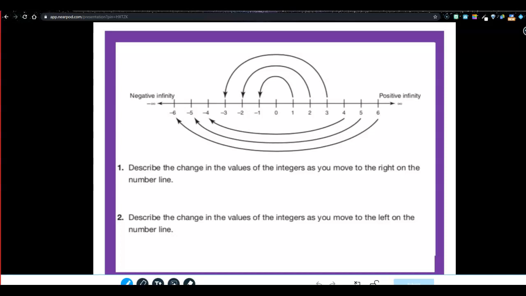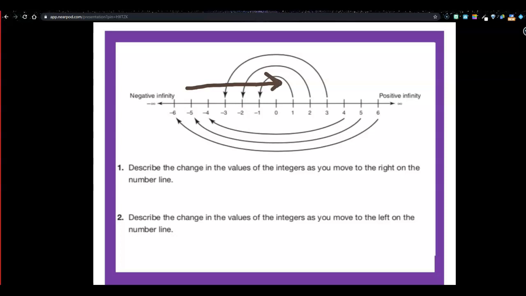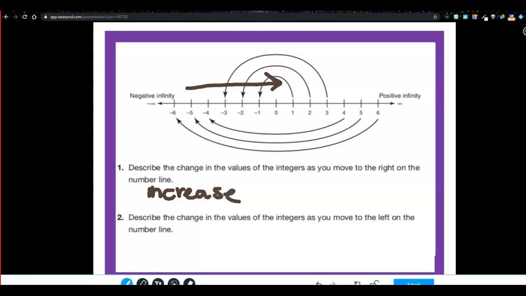Are they going to increase or decrease when we go that way? When we're going this way, we are going to increase. When we go this way to the left, as we go down the number line, we are going to decrease.